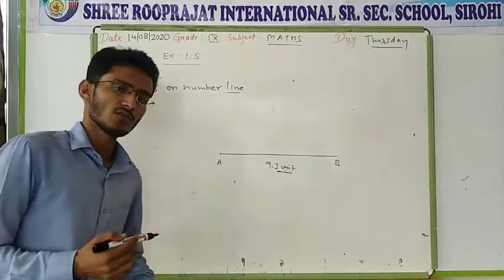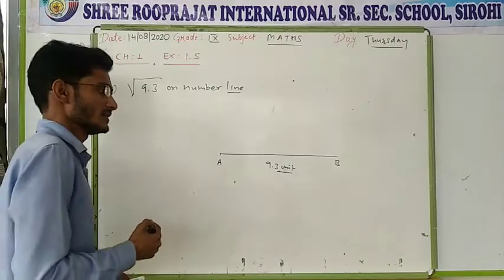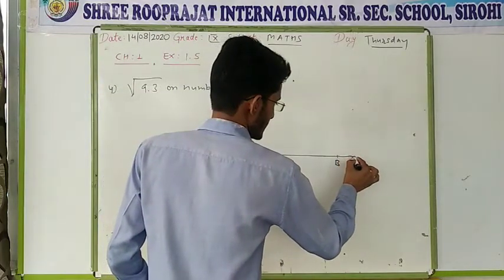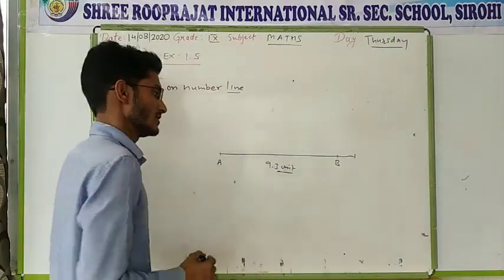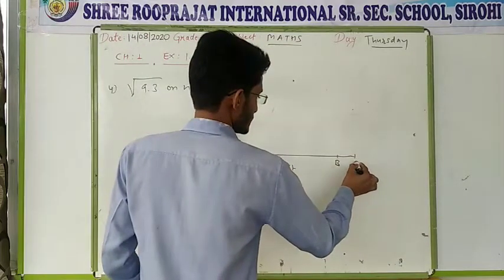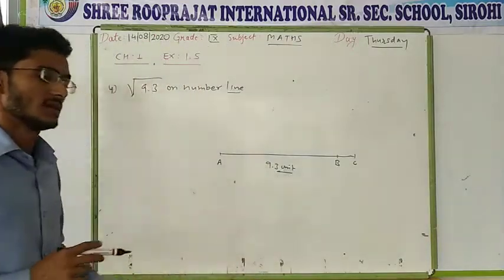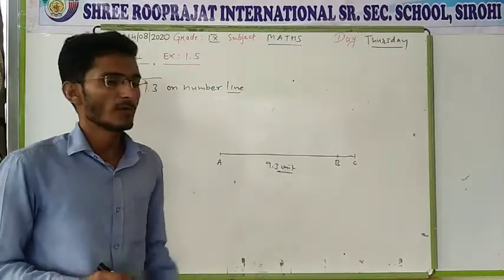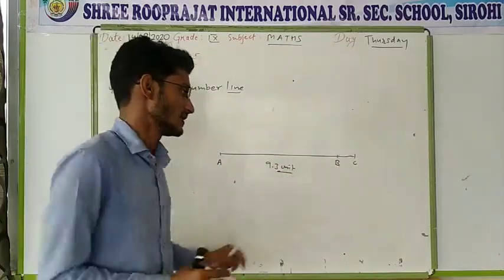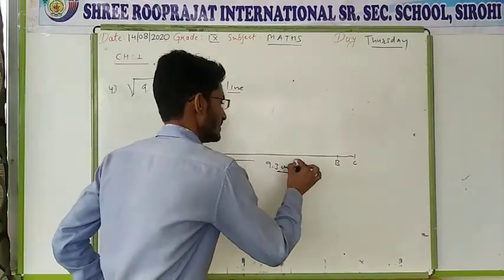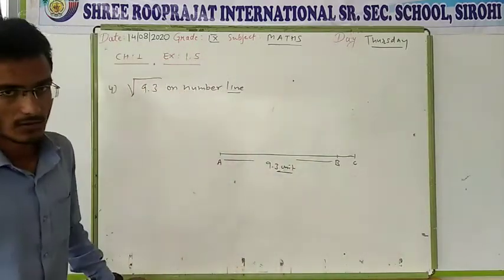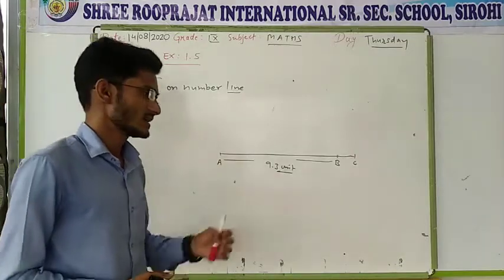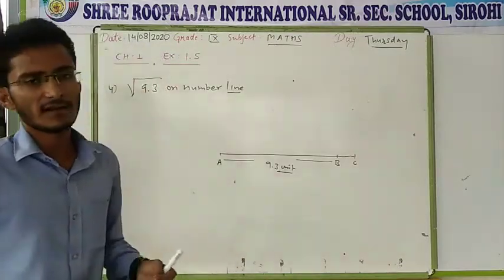Now you have to take one more unit or one more centimeter, starting from B. Suppose there is 1 unit, and suppose that point is C. Now we have to take the midpoint of A and C. You can use a scale, or it will be good if you bisect that line segment and then get the midpoint.